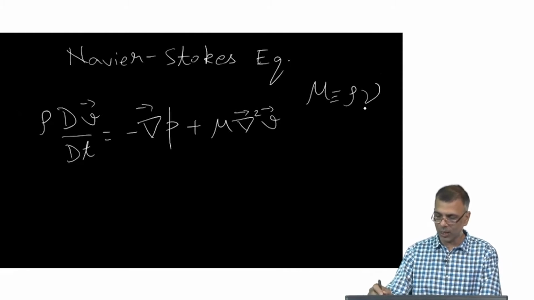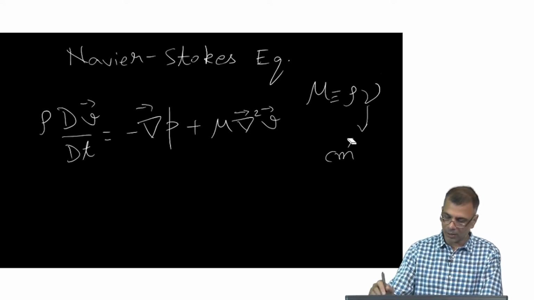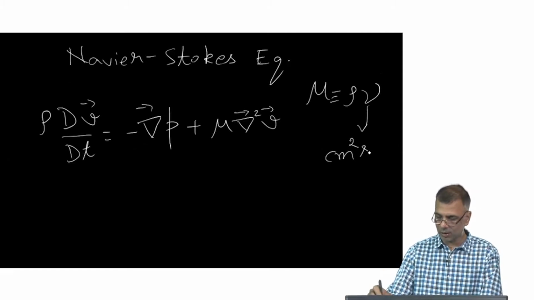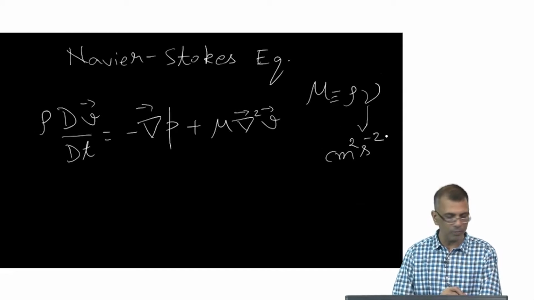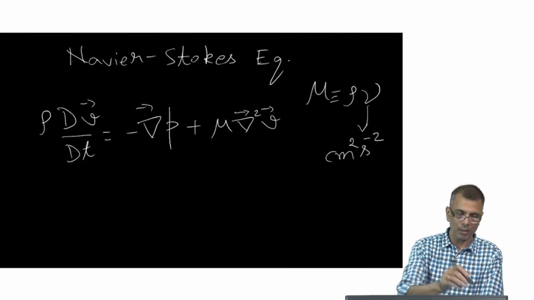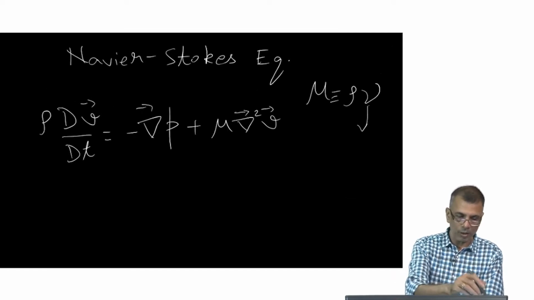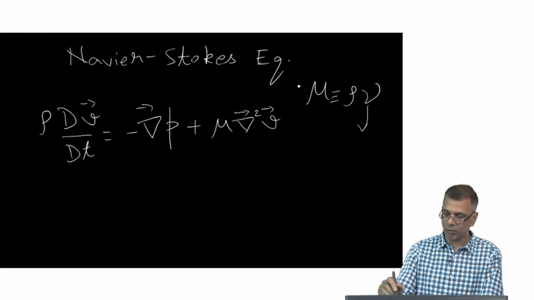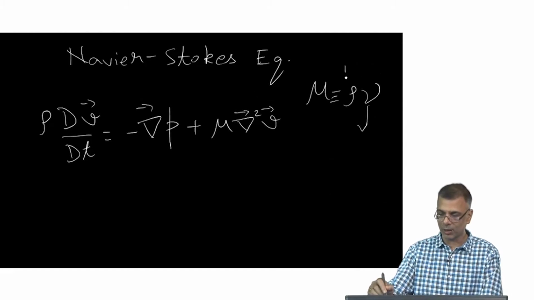The distinction I want to make is that the dimensions of this are something like centimeters, I seem to be making several writing mistakes today, okay. I'm not sure that's right. Let me leave it as it is. The nu has the dimensions of the coefficient of dynamic viscosity divided by mass density, and the dimensions of this are simply grams per.